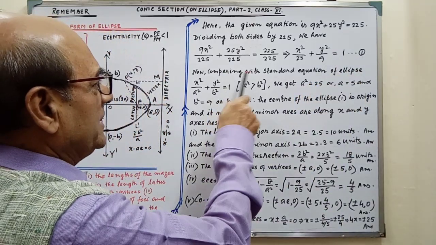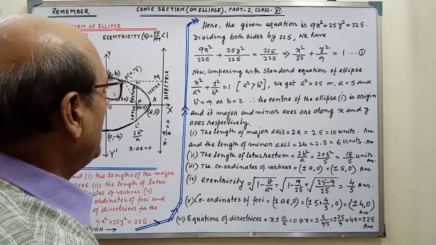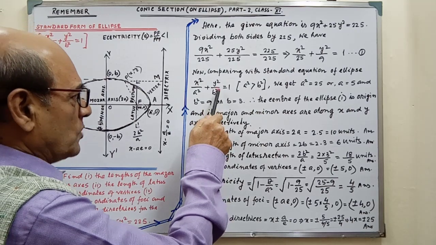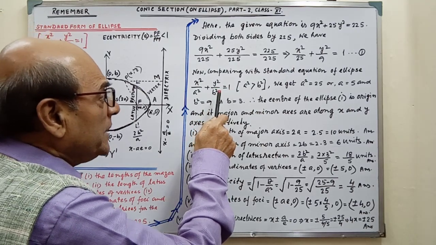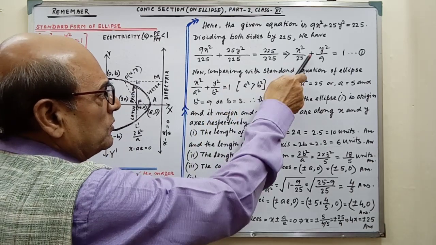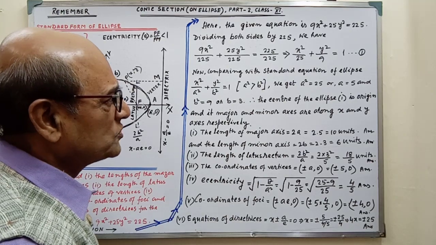Now comparing with the standard equation of ellipse, that is x square by a square plus y square by b square equal to 1. We are comparing this equation with this, and here a square is greater than b square.